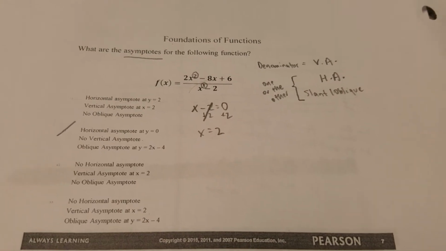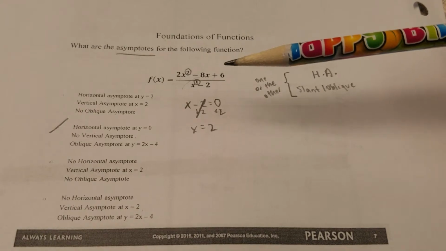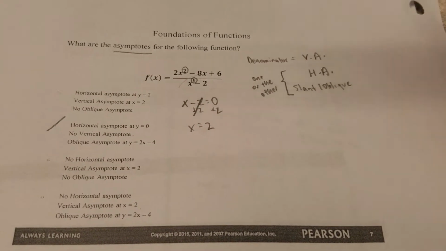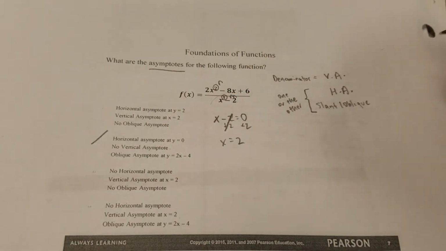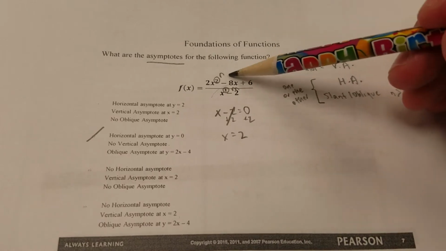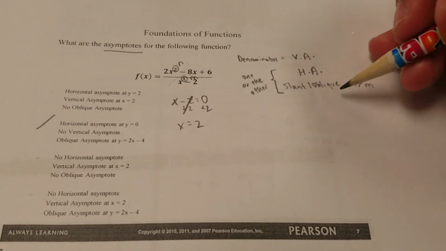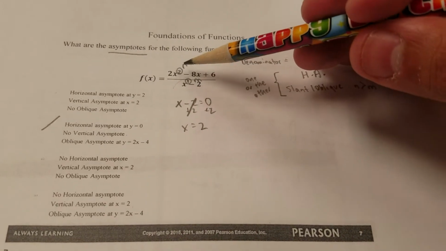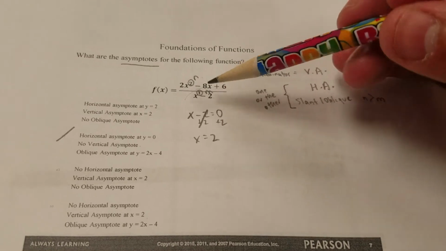Okay, so this means something. This over here I call N, and this one I call M. So when my N is bigger than M, when it's bigger on the top than it is on the bottom, you're going to have a slant or oblique asymptote. So here I can already tell I'm going to have a slant asymptote, bigger on top than on the bottom.